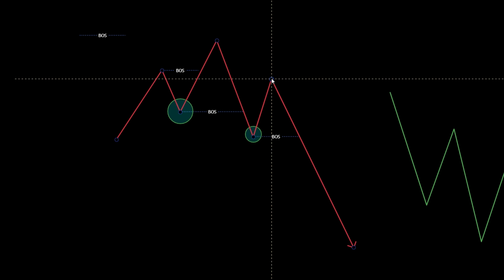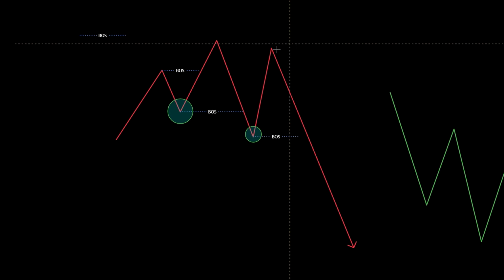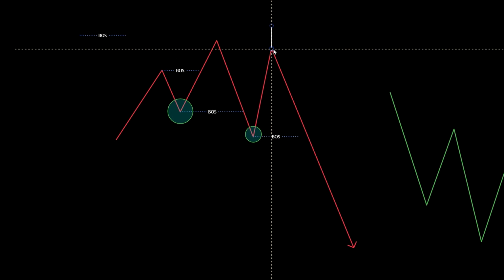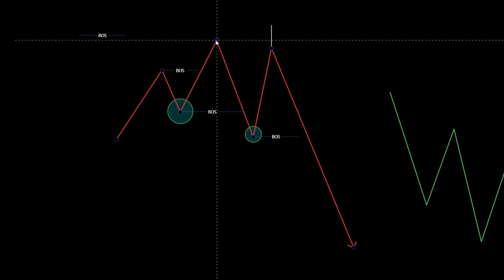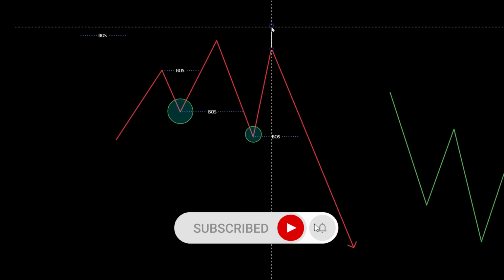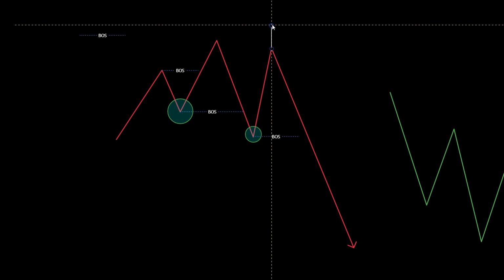Now, what could happen is we could come right up almost to the high and not body close above it, but what we could have is a wick reaching up. If the candle that fails to close above this high creates a wick that goes above it, a wick is not a valid break of structure.